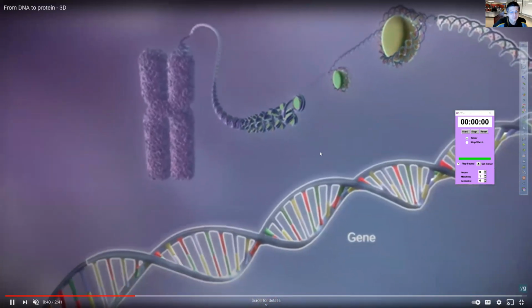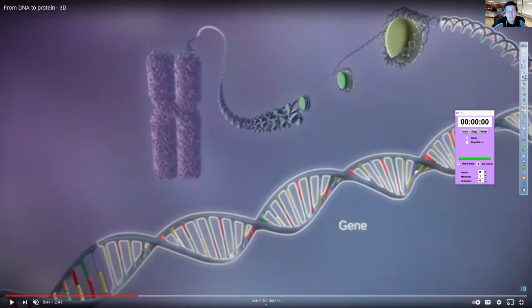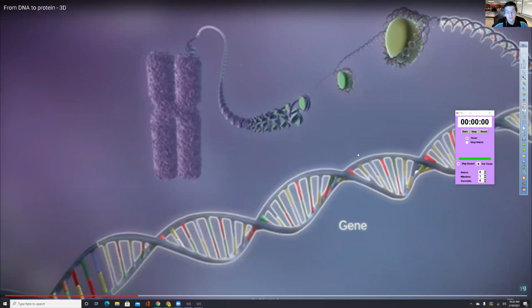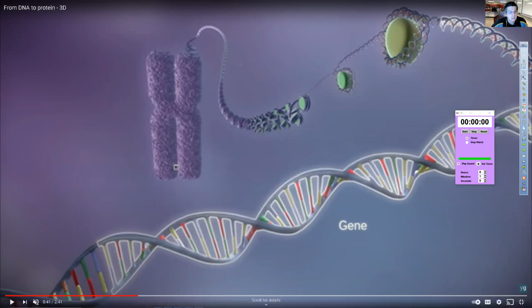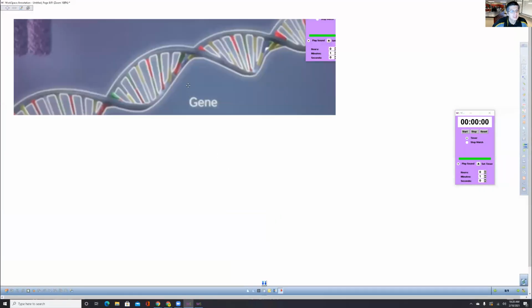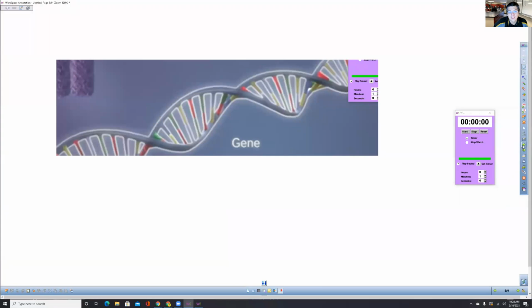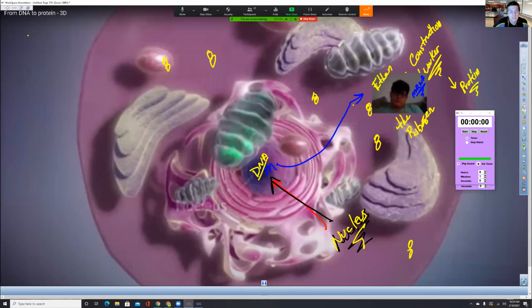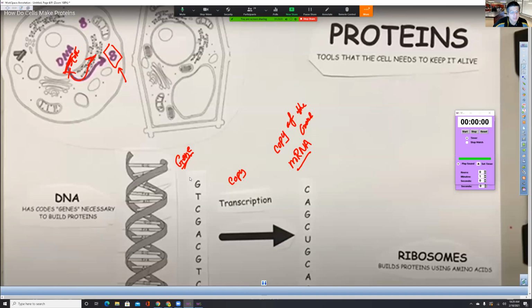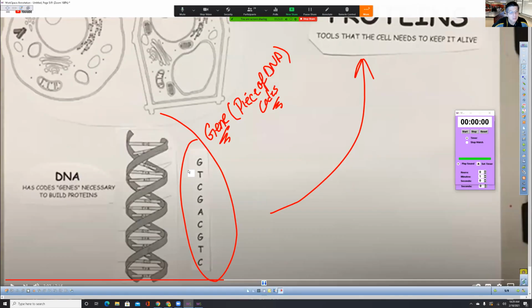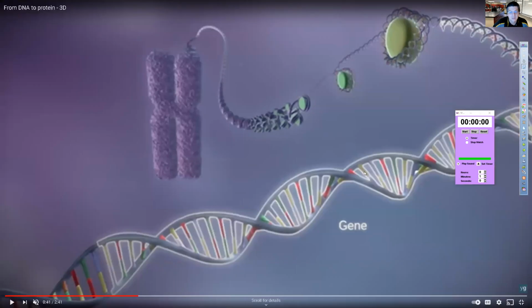There's the gene. This gene right here represents this in our diagram. So somehow we have to copy this.